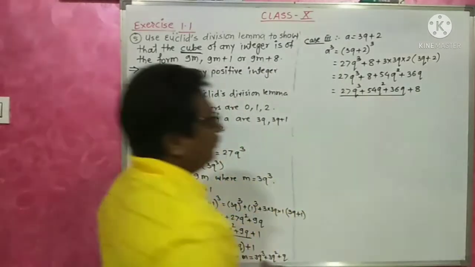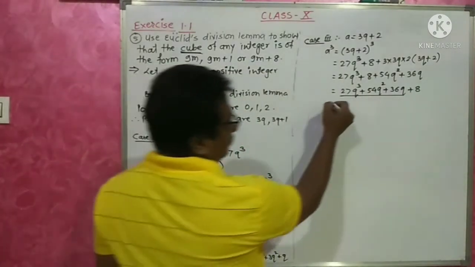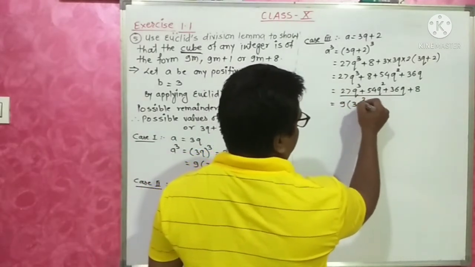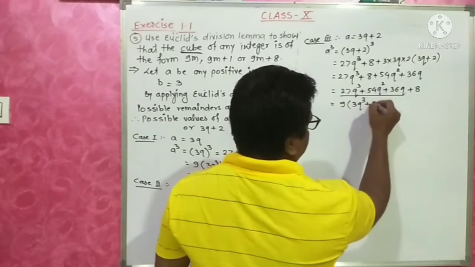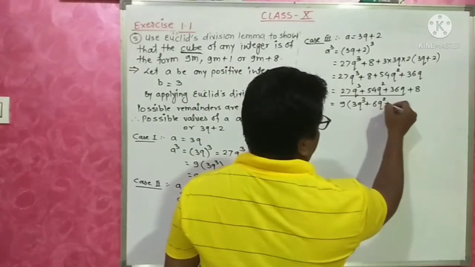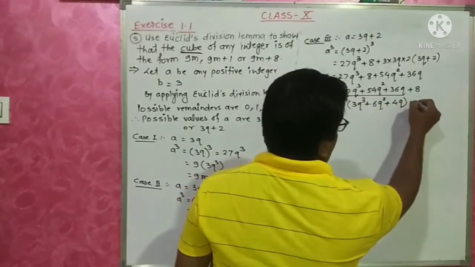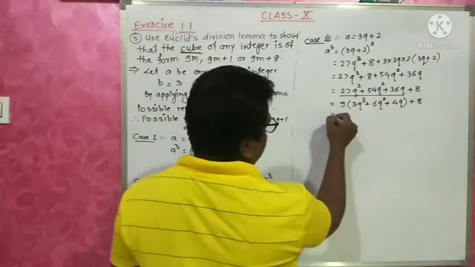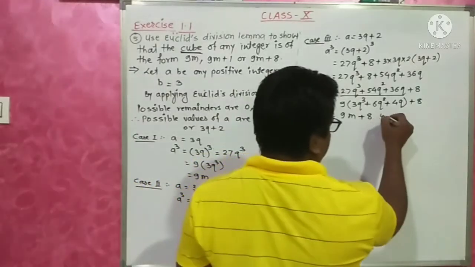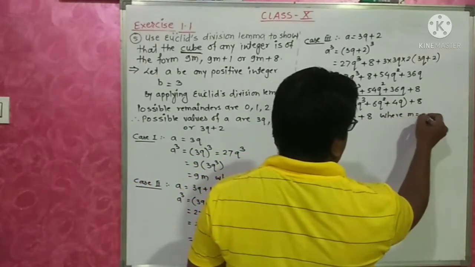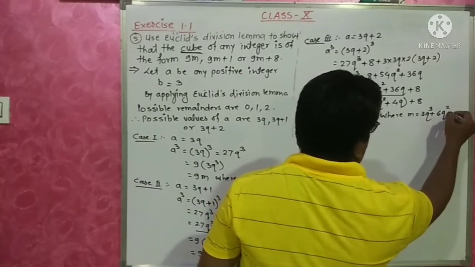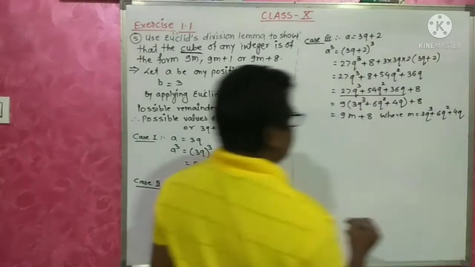Now from here we have to take 9 common: 9(3q cube plus 6q square plus 4q) plus 8. So what will we get? 9m plus 8, where m equals 3q cube plus 6q square plus 4q.